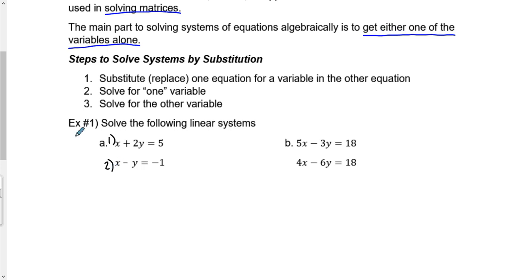Well, in equation 1, one of these variables is going to be a lot easier to get by itself. Hopefully you can see that that's the x. So if we have x add 2y equal to 5, the easiest variable to get by itself would be the x. So in order to do that, we would subtract 2y from both sides.